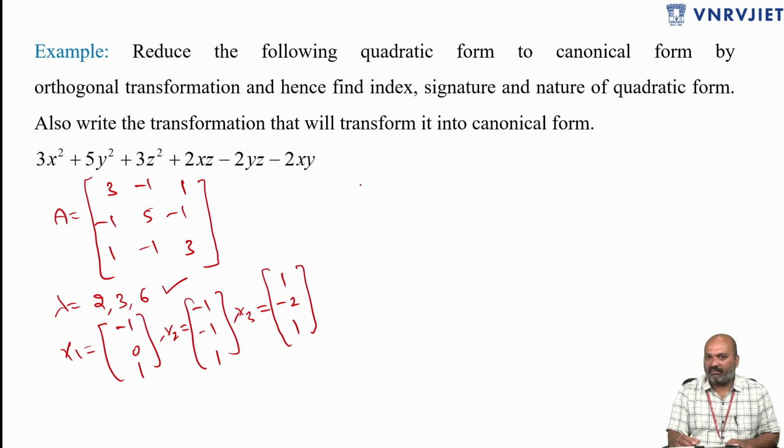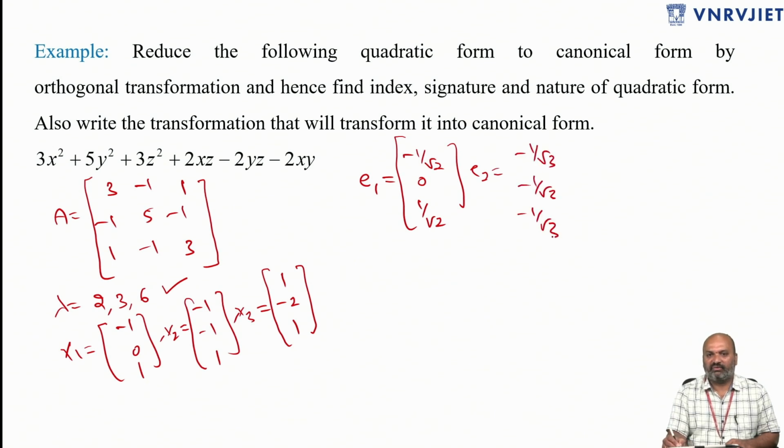So directly you can normalize the eigenvectors. E1 equals -1 by root 2, 0 and 1 by root 2. And E2 equals -1 by root 3, -1 by root 3 and -1 by root 3. And E3 equals 1 by root over 6, -2 by root over 6 and 1 by root over 6.